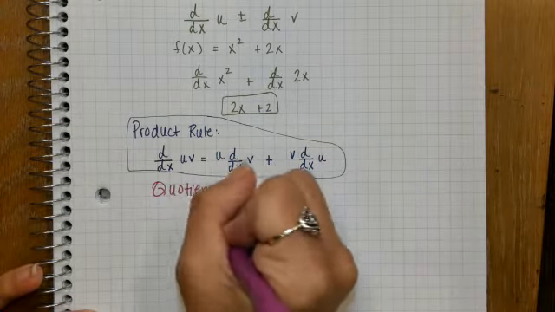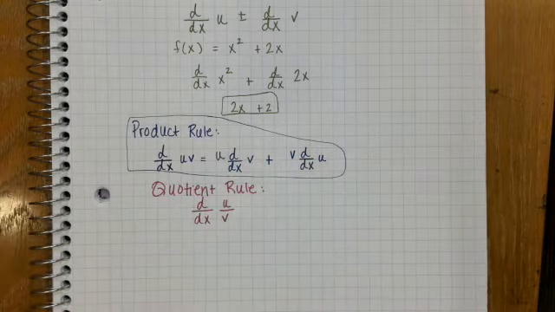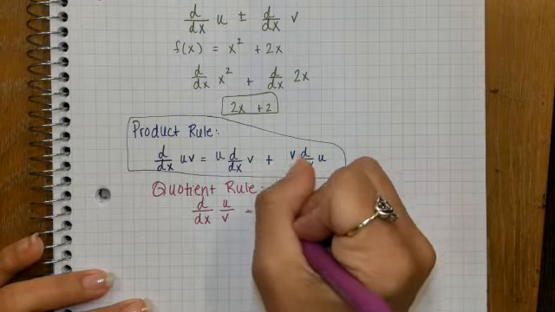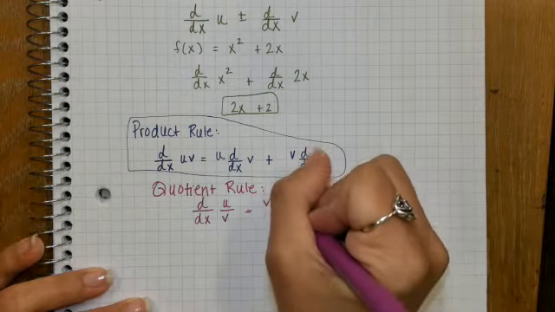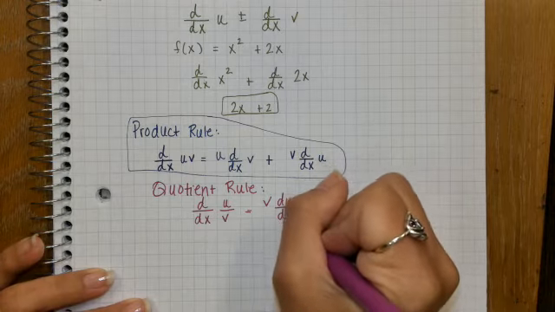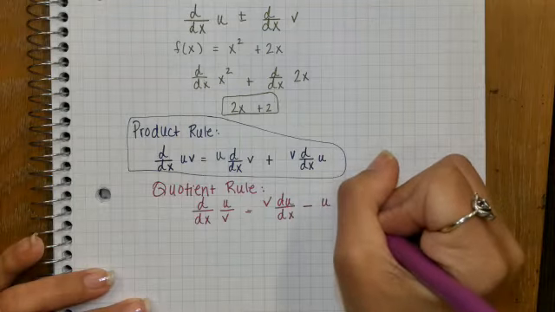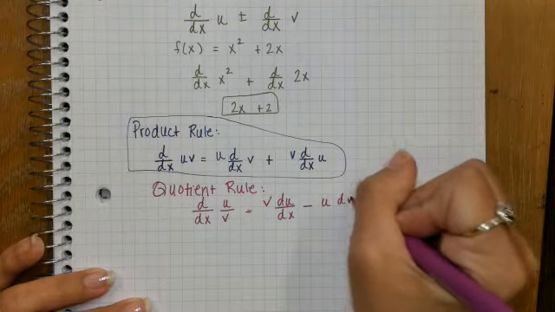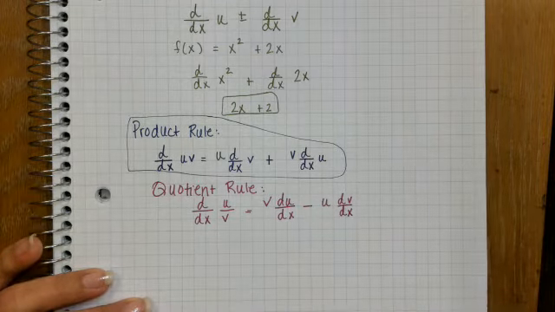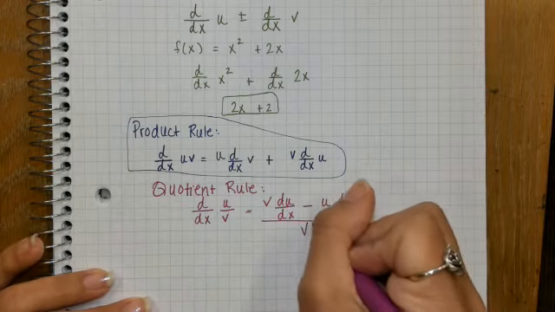The derivative of a function u over v, that's a quotient, with respect to x, is the denominator times the derivative of the numerator minus the numerator times the derivative of the denominator, all over the denominator squared.